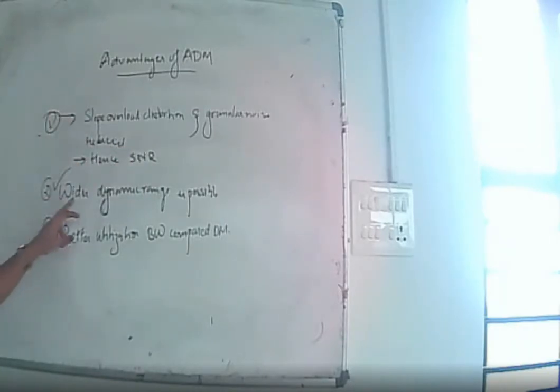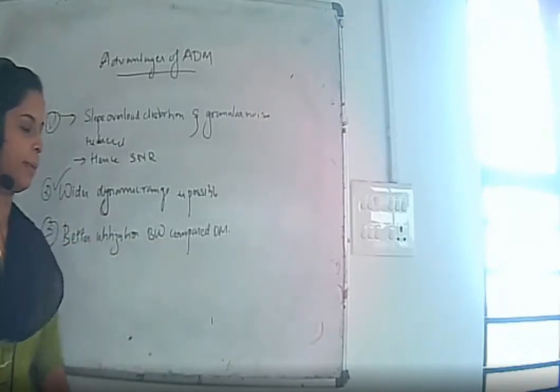The second one is that a wider dynamic range is possible here, which was not possible in delta modulation due to its fixed step size, whereas in ADM the step size is variable. So a wider dynamic range of input is possible in ADM. And the third advantage is better utilization of bandwidth compared to DM.